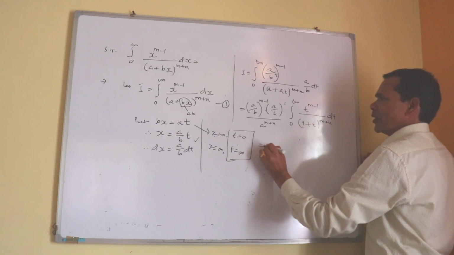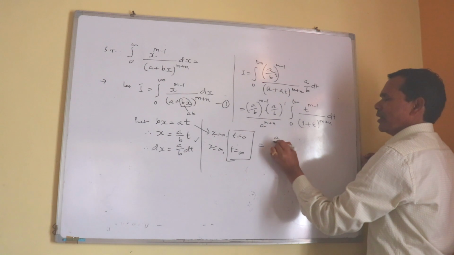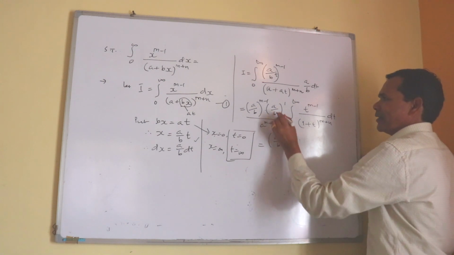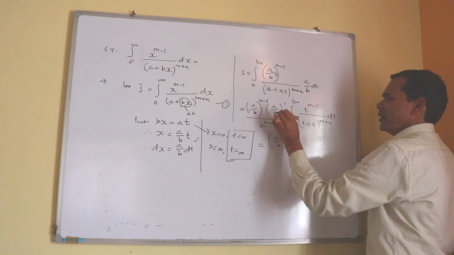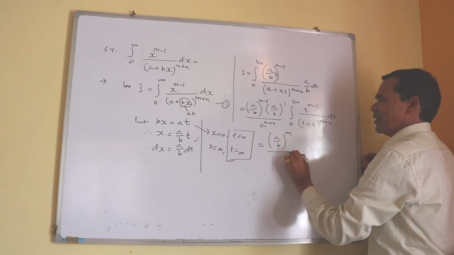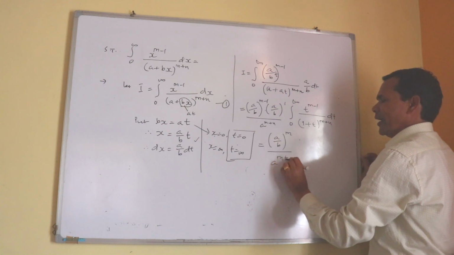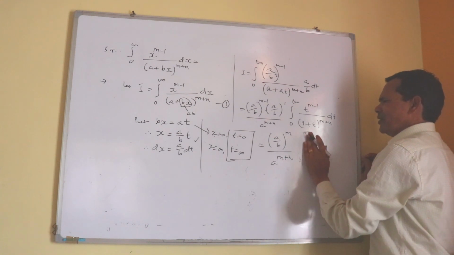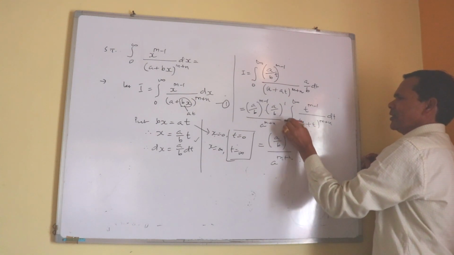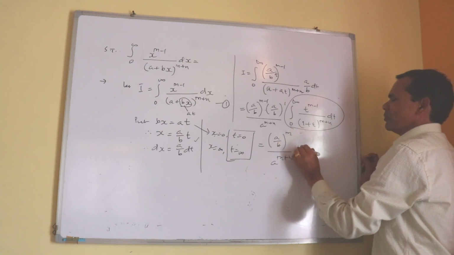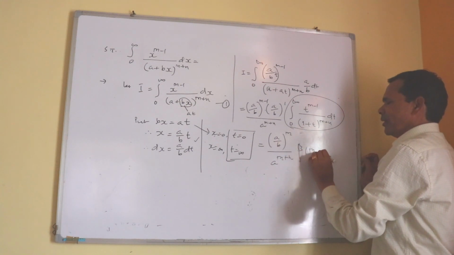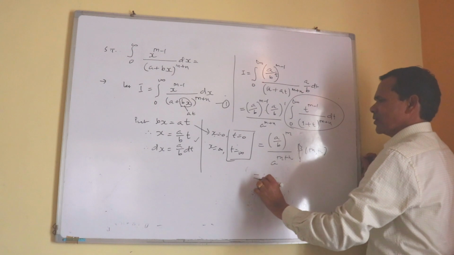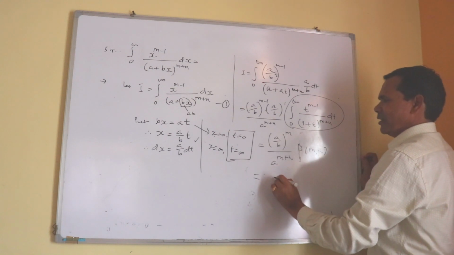I simplify this further. So this I am getting a upon b bracket raised to m minus 1 plus 1, it is 0 raised to m. I am getting a raised to m plus n, and the integral 0 to, or I just write down this as, so this integral, if you compare, this is beta of mn, and further we simplify this, a raised to m gets cancelled there.